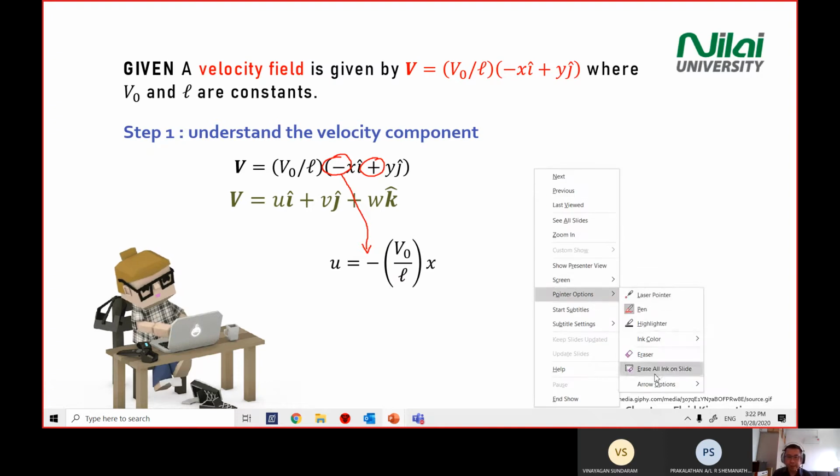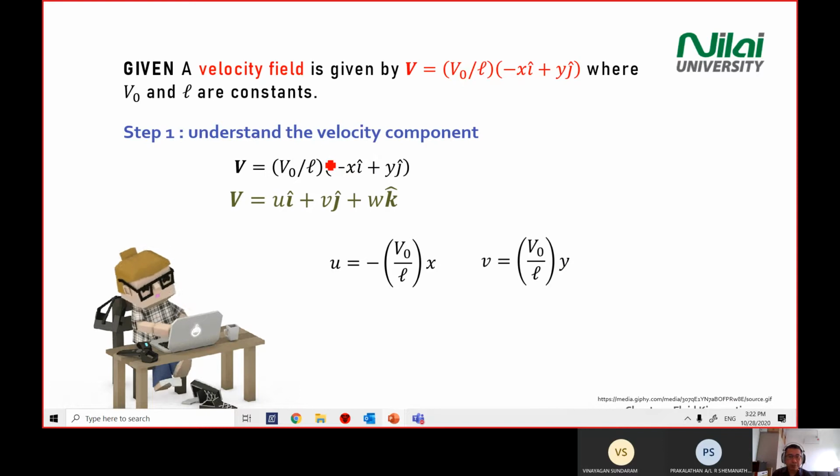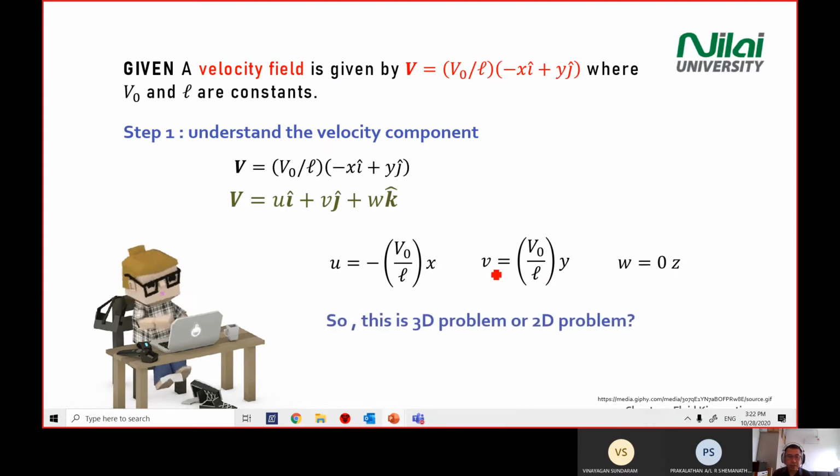And then for V you do the same. V is equal to V0 divided by L times Y. This one is your V. We don't have a W component. The W component is equal to 0, the Z component. So again, if you look at the components we have here, we don't have Z, so we only have a 2D problem.